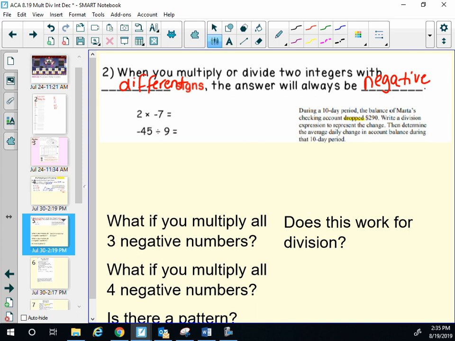Again, as I'm at the triangle, it looks like this. So I have a +2. I'm going to cover up the positive. And a -7. If I cover up the negative, my answer is -14. What about negative 45 divided by 9? Negative 5.